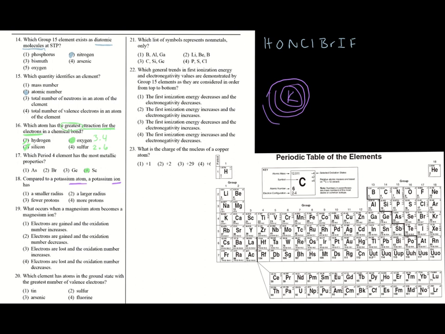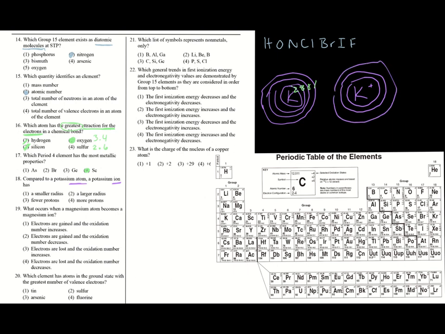It's got that many. It's got 2, 8, 8, 1. When it loses an electron to become an ion, it loses an extra electron shell. So it's not accurately drawn to scale, but we get the idea.